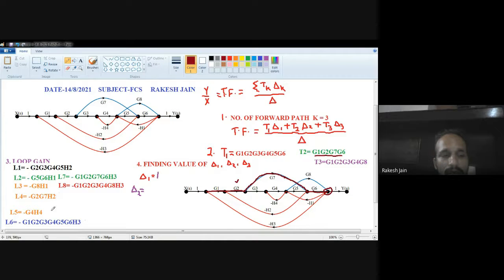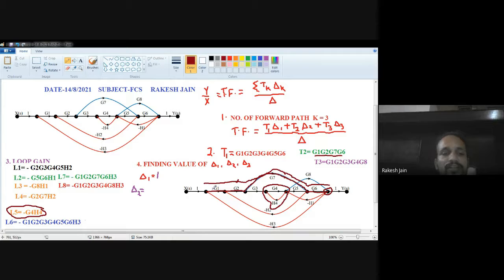Then the loop L5. See this loop L5 now. The loop L5 is G4 H4, and neither the node nor the branch can touch this forward path. My forward path is here, then here, then here, but the loop is inside that forward path.